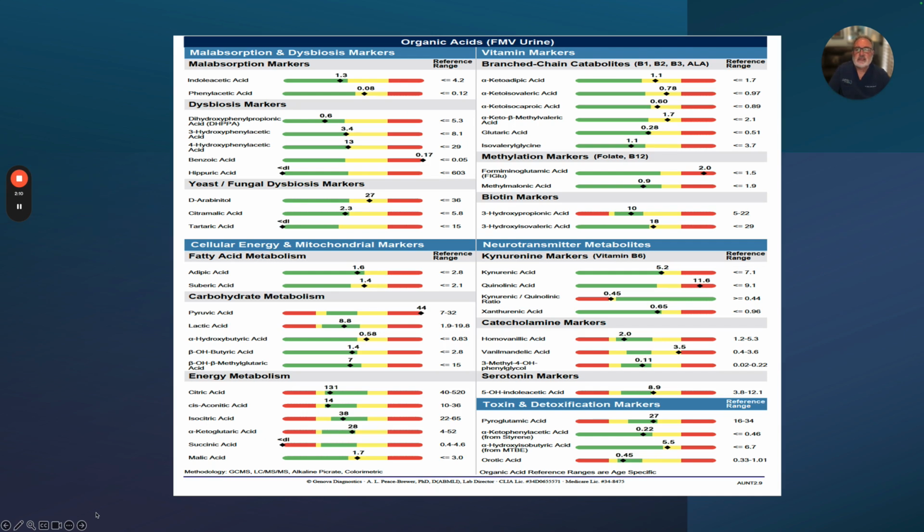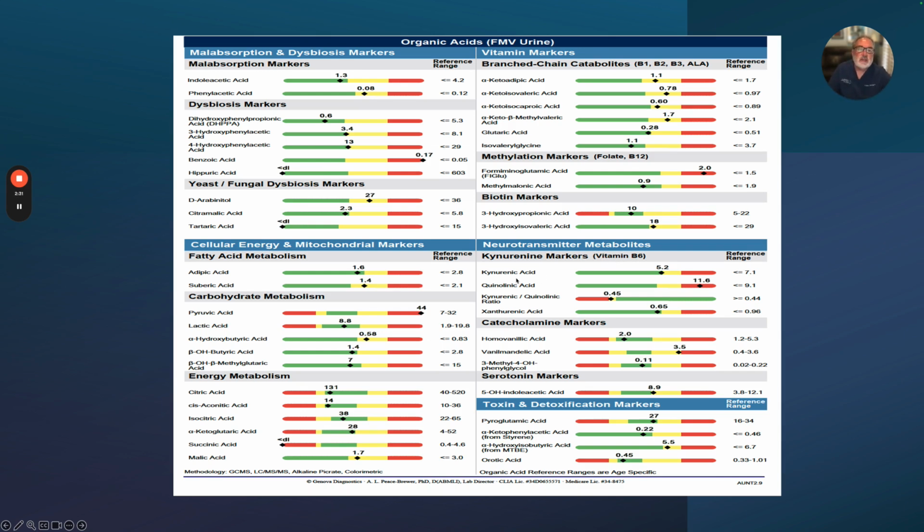And then when you get into the test, it becomes a little overwhelming at first. So what I want to do is just show you the markers that I look at. Here you can see we have neurotransmitter markers or metabolites on the right side, and kynurenine is a vitamin B6 pathway.